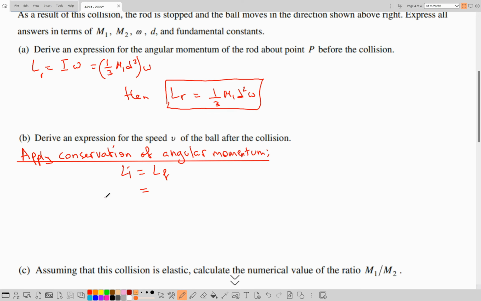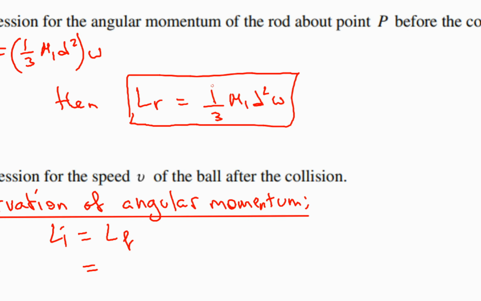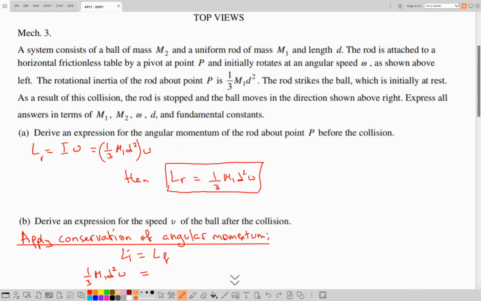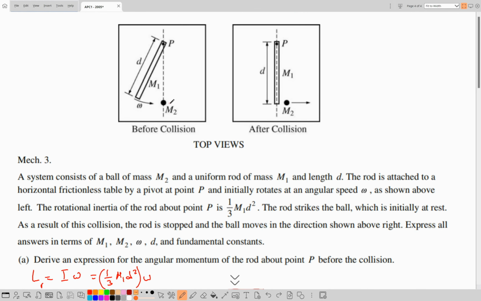The initial angular momentum before collision is only due to the moving rod, which is given by this quantity. And after collision, the rod will lose its momentum, and the momentum will be gained by the mass m2.